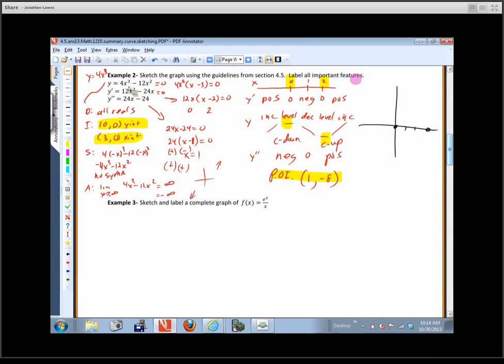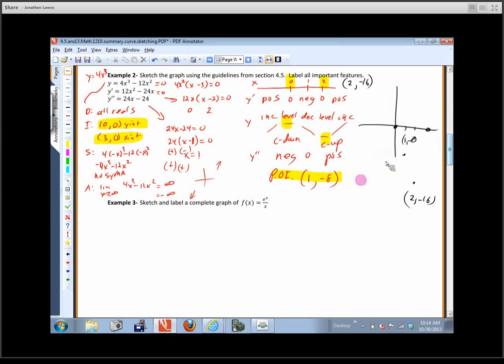So if I plug in a 2, I end up with 32 minus 48, so that's going to be negative 16. So I've got a point down here at 2 comma negative 16. I've got this point of inflection right here at 1 comma negative 8.